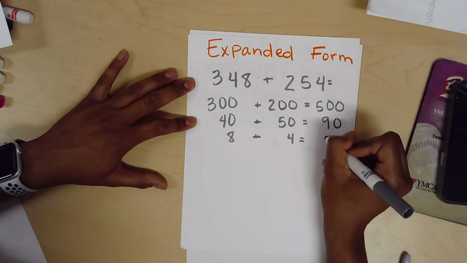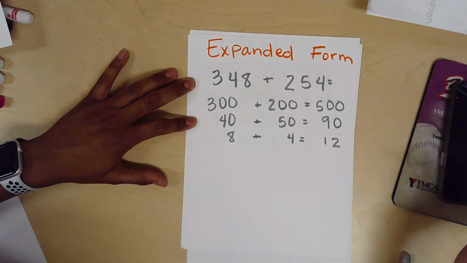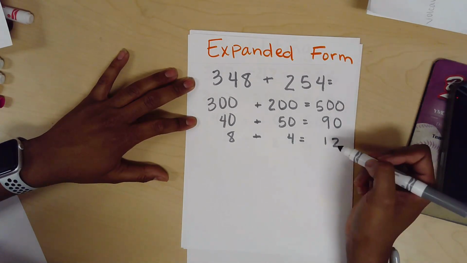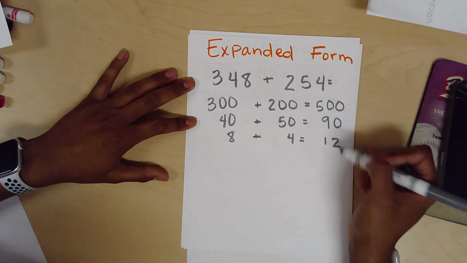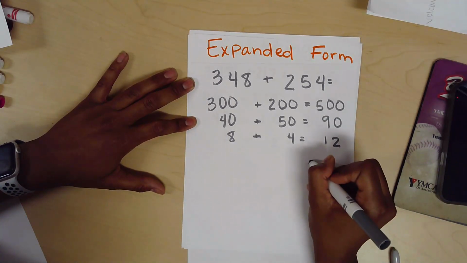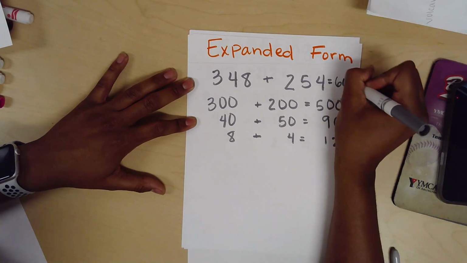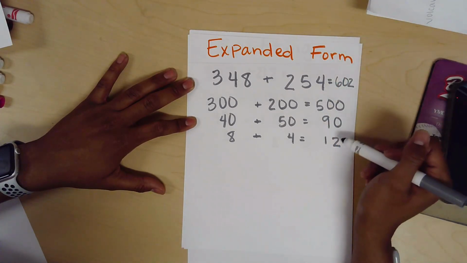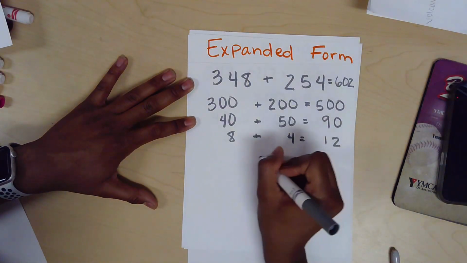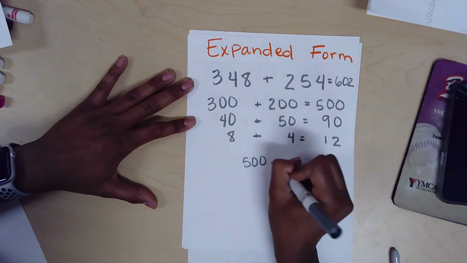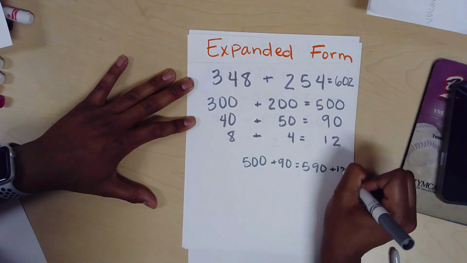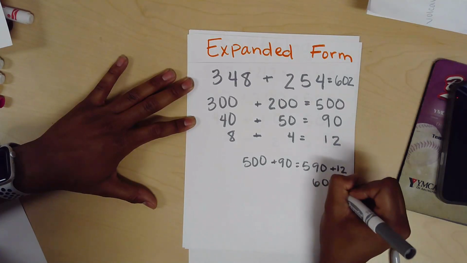And then 8 plus 4 is 12. So, I mean, it's not crazy difficult, but so 500 plus 90, 590, and then adding 12 onto that, we're going to go over that 600, and we're going to go to 602. And then I'm sorry, I've been doing these parts in my head, like combining this part, but if you need to put it together and go 500 plus 90 equals 590, and then add 12 onto that to get your 602, that's okay as well.